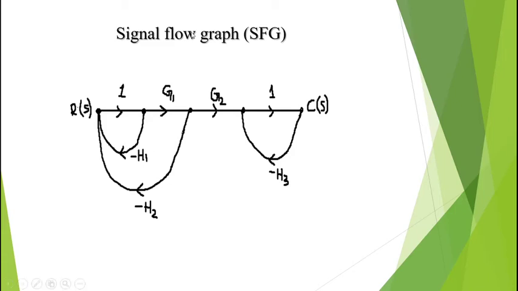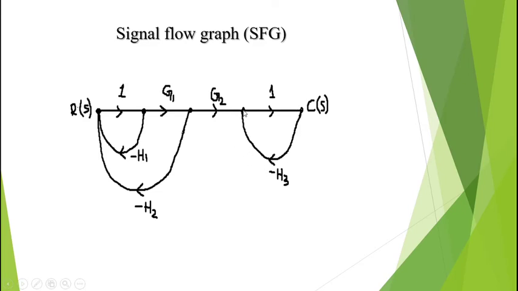The second non-touching loop gains are this and this, that is L2 and L3. L2 is minus g1 into h2, and L3 is minus h3.